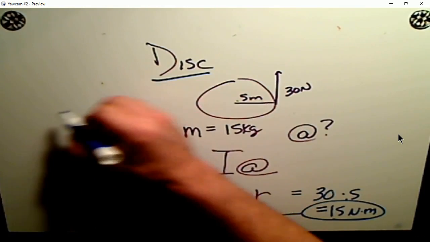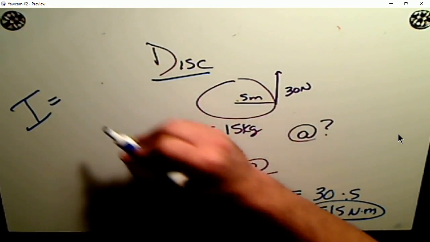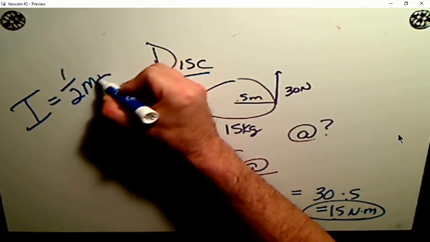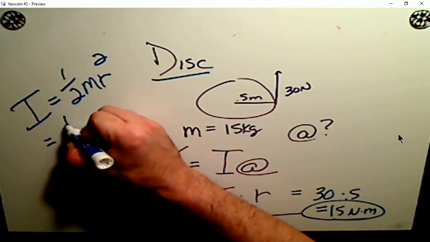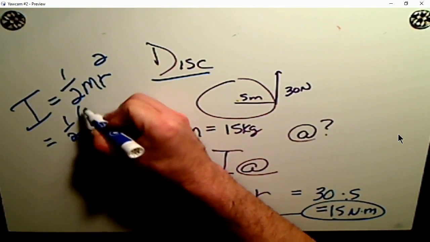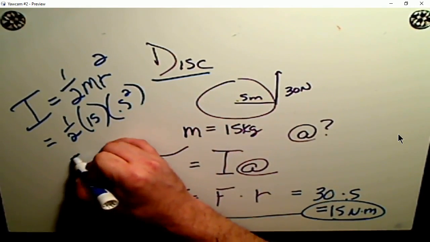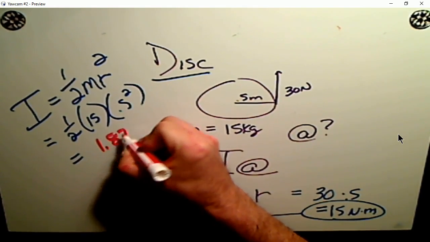The moment of inertia for a disk you can look up in your tables in your book or online. It's 1/2 mr squared. So I can figure out the moment of inertia, right? 1/2, I said the mass was 15, I said the radius is 0.5. So we square that. So the moment of inertia is what? The moment of inertia is 1.875.